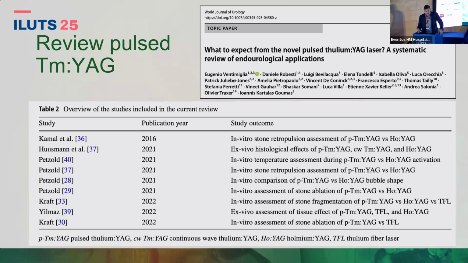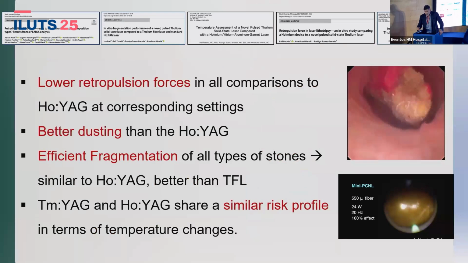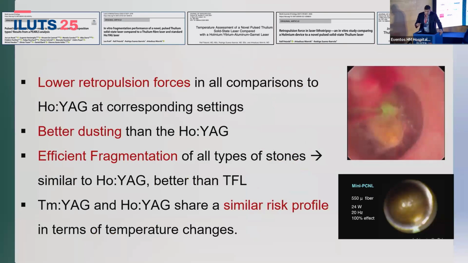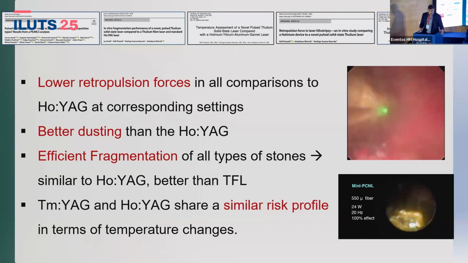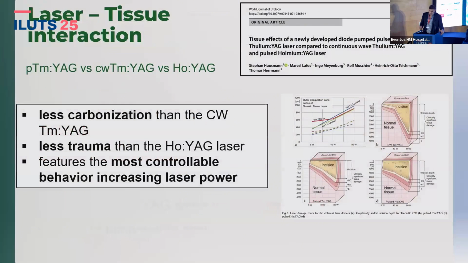We performed the first review about these pulsed thulium YAG lasers. Back then, we only had experimental studies. So this is the conclusion: the pulsed thulium YAG has lower retropulsion forces compared to the holmium, better dusting capabilities than the holmium, efficient fragmentation of all types of stone, better for sure than the TFL, and the thulium and holmium YAG share a similar risk profile in temperature changes.